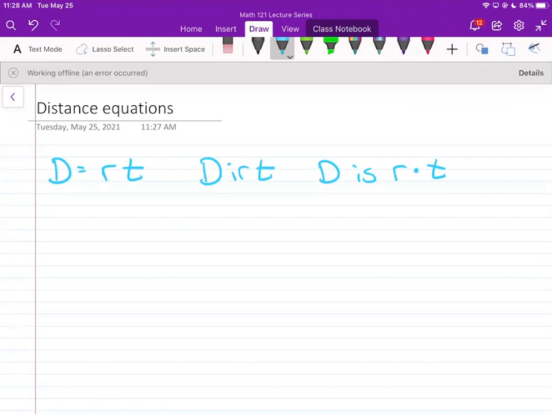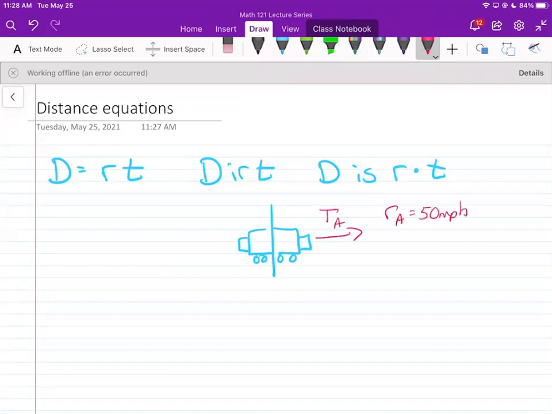The way we apply this concept in terms of linear equations is, let's consider two trucks. If I have two trucks leaving the same place at the same time and traveling in opposite directions, I can have truck A that is traveling at a rate of 50 miles per hour, and I can have truck B that is traveling at a rate of 100 miles per hour.